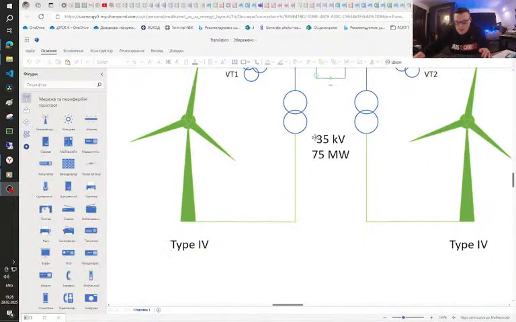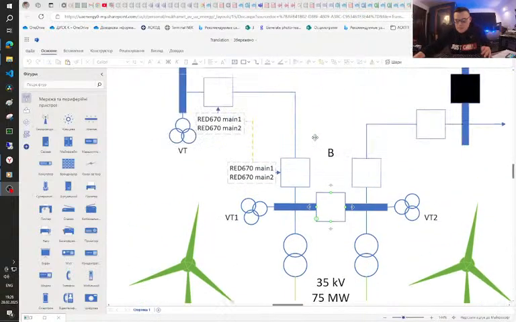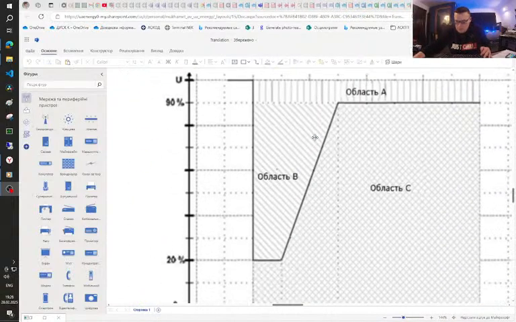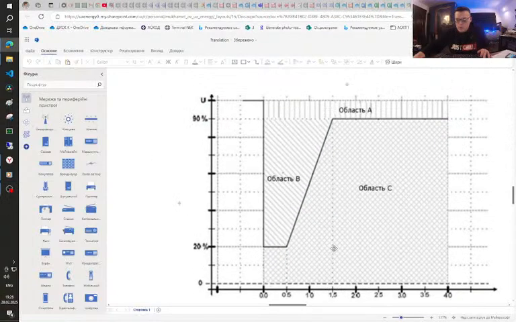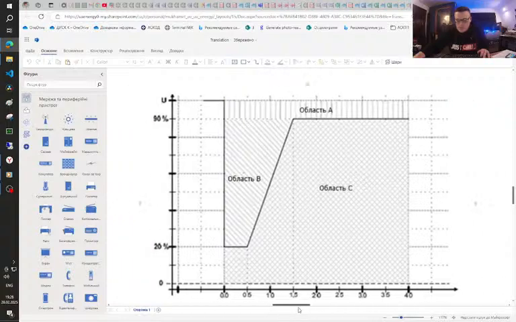Okay, let's go a little bit to the requirements in Ukraine for the wind turbines.